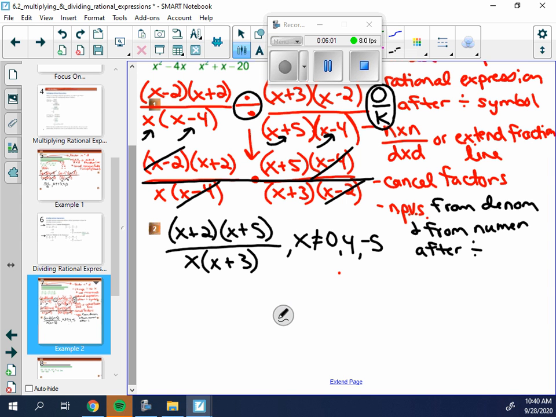The fraction line is a division symbol, so that's why we're checking these ones that are underneath. This is a division, so I do have to check those two on top as well. So now I actually have extra ones, and they are -3 and 2. Okay, so -3 and 2.